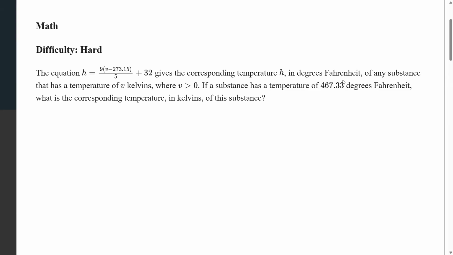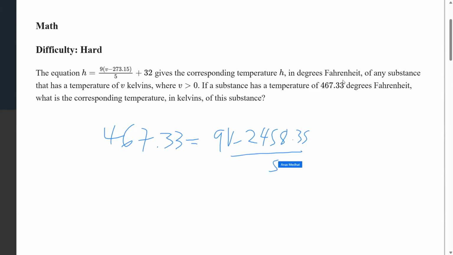Let's do it. 467.33 equals 9V minus 2458.5 over 5 plus 38 and 32. And that's it.